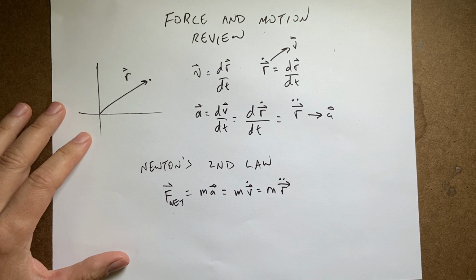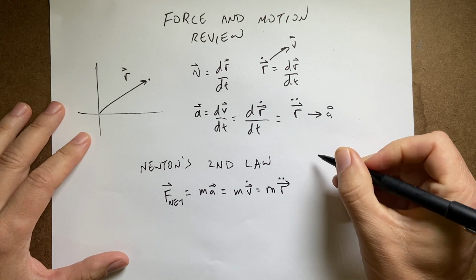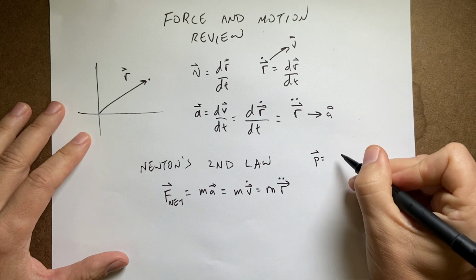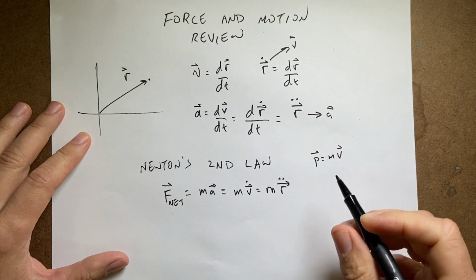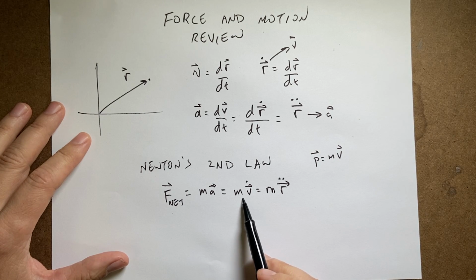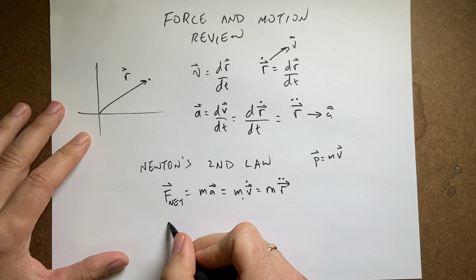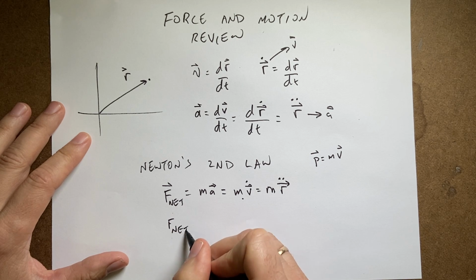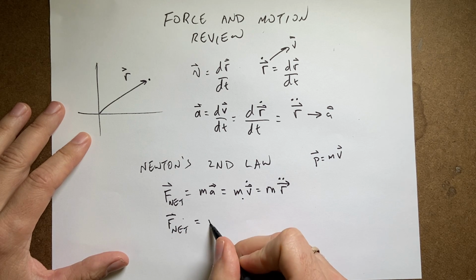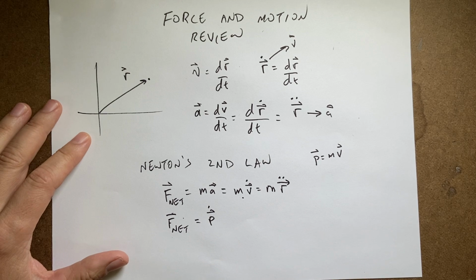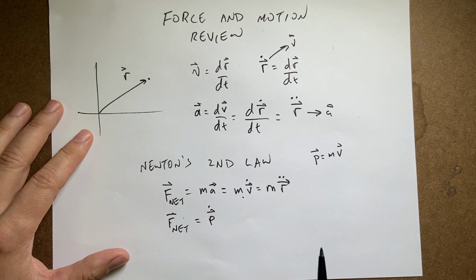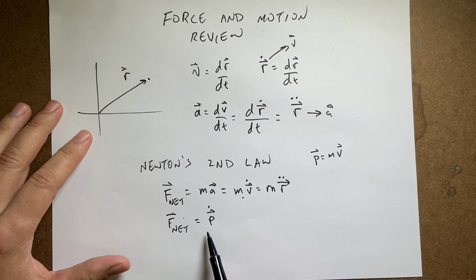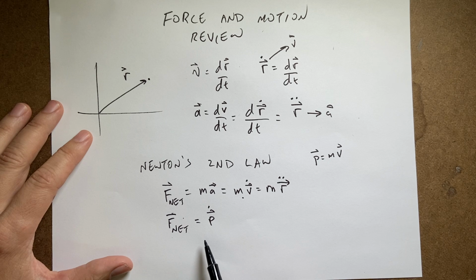Now, we do have another variable. We have the definition of momentum, which is mv. So if I look at this right here, then I can also say F net equals p dot. This is actually a little bit better form because it doesn't assume a constant mass.